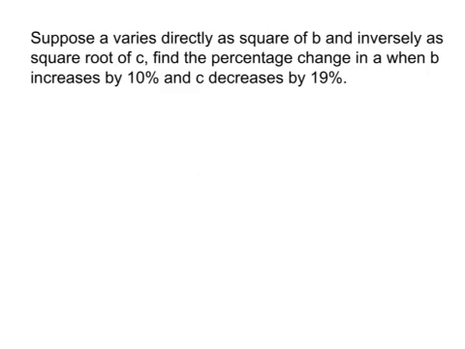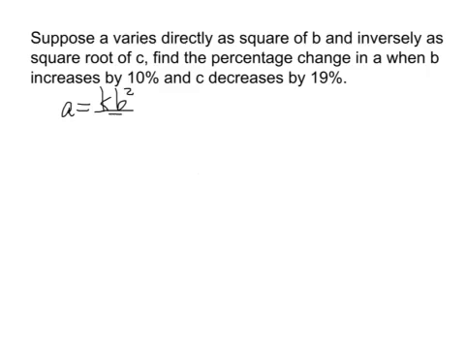So of course the first thing is to state out the relationship between A, B, and C. So obviously A equals K times the square of B, which is B squared, over the square root of C, because this is inverse variation, right?